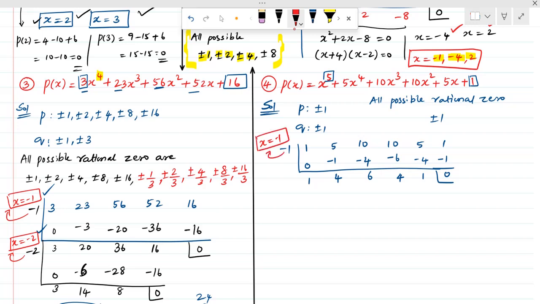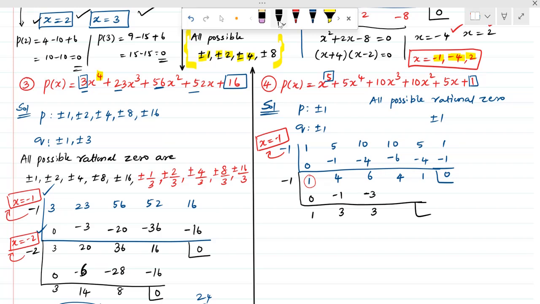It is reduced to x to the power 4. Now I have to do it one more time. So here I will try again with minus 1, because I cannot try with 1 since it is going on addition. It is adding 1 multiply minus 1, plus 3 multiply minus 3.